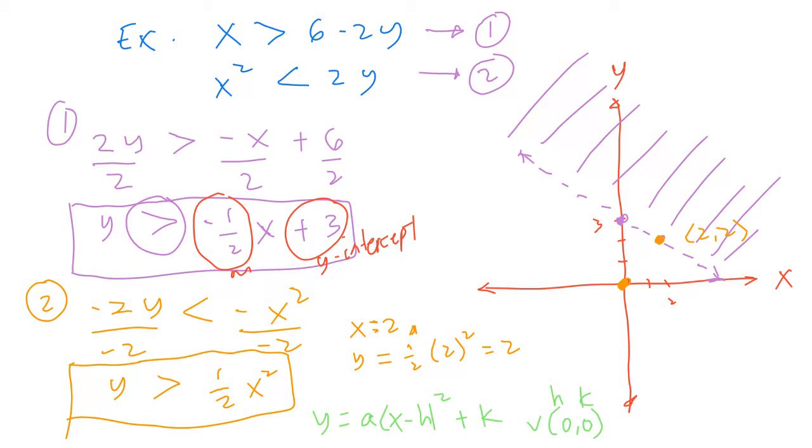So this is at 2, comma 2. And then you plug in x equals -2. So when x is equal to -2, y here is still a 2. So -2 is somewhere on the left side of the parabola.